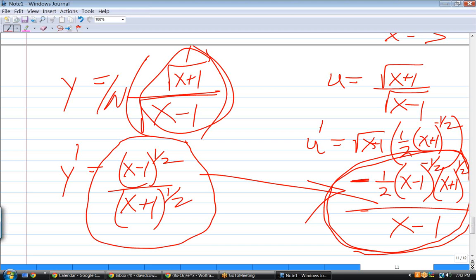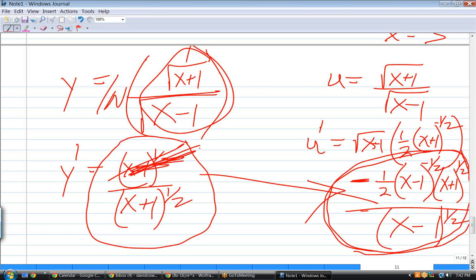I'm not saying we have to do that for this. This looks like it could be a hard one to simplify. Trying to think right off the get-go what we could do. We're multiplying these two, so I could take this x minus 1 to the 1/2 and make this 1/2 again and cancel it out.